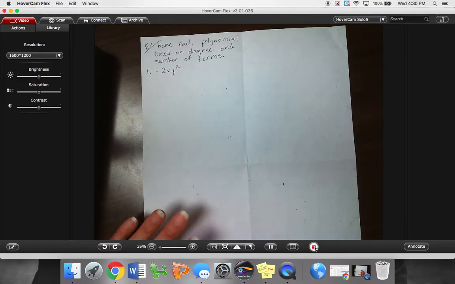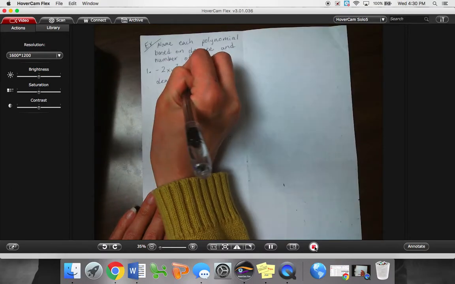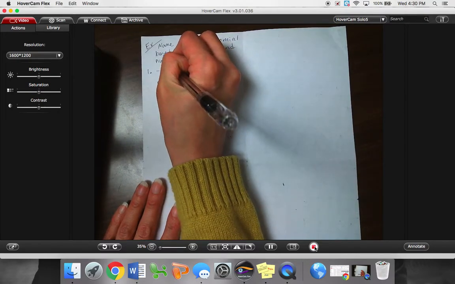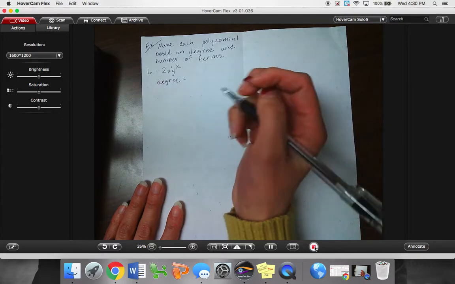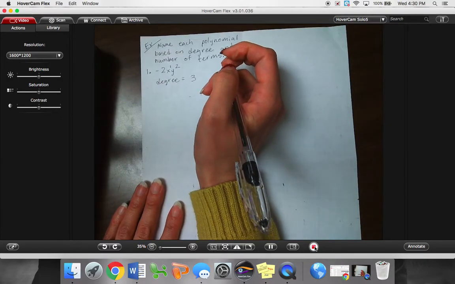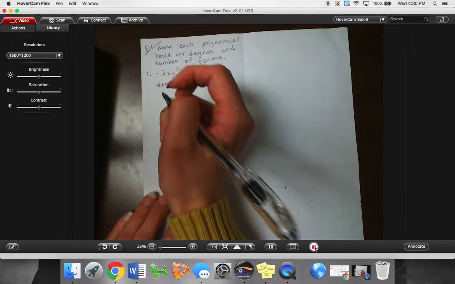Don't forget that. So the degree. The degree of this polynomial is, remember, this x has a power of 1 and this has a power of 2, added together. So the degree is 3. Degree 3, remember from the front of your notes, look over if you need to, is called cubic.